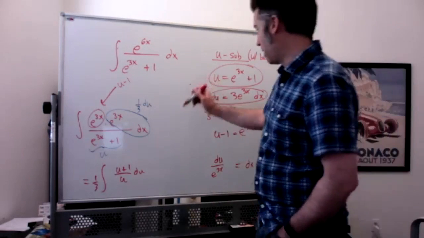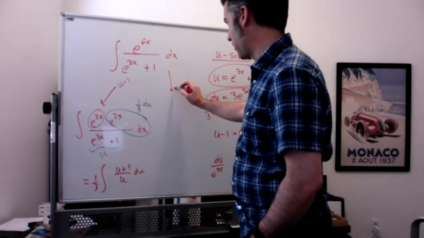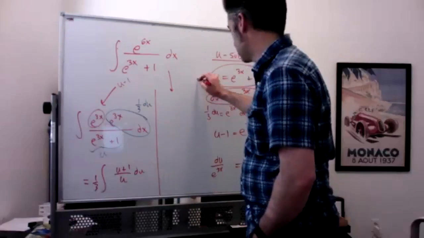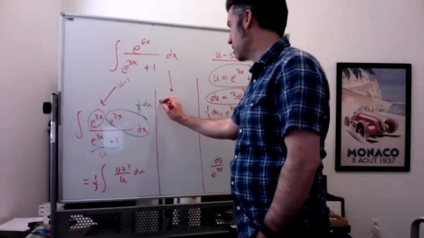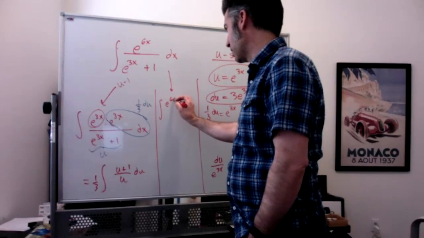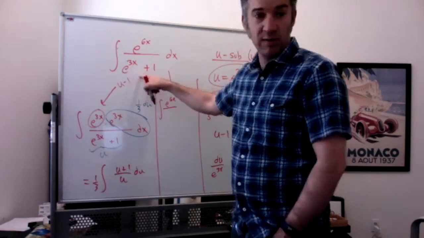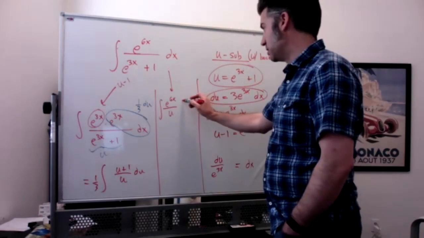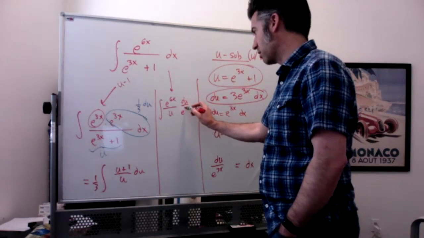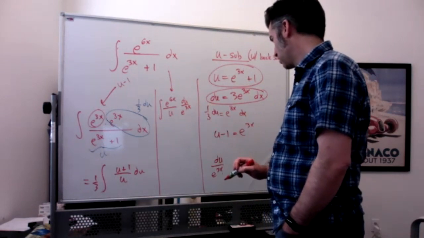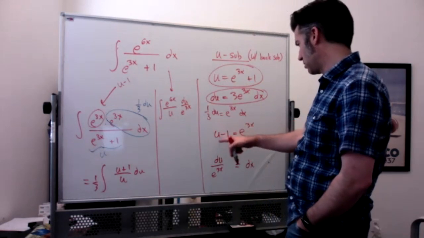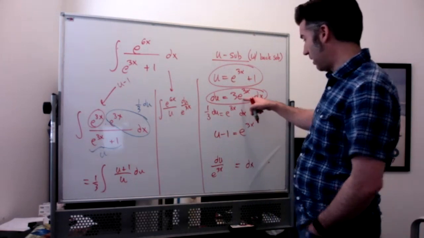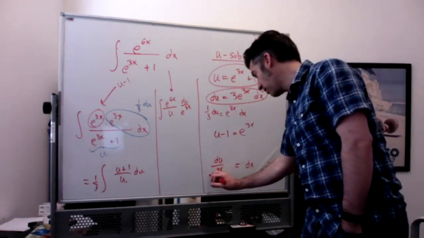And then they write this as the integral of e to the 6x over e to the 3x plus 1 is u, and dx is du over e to the 3x. I think I lost a 3. Right, I did. I forgot the 3 e to the 3x. Sorry about that.